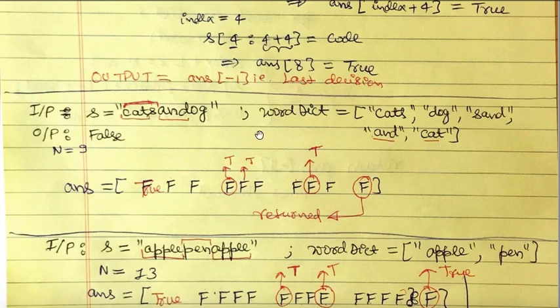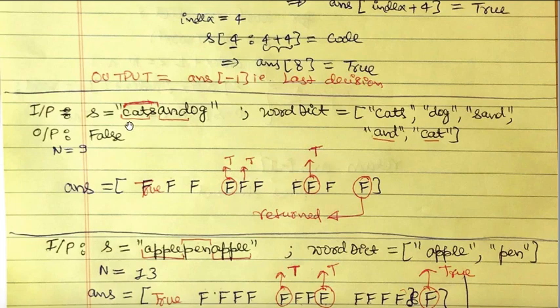So again the lengths are 4 2 6 3 9, and we make an ans variable of length 10. The first one we make true here, and then 1 2 3 4 5 6 7 8 9, and the rest of them are false, which I show by writing F for false and T for true.